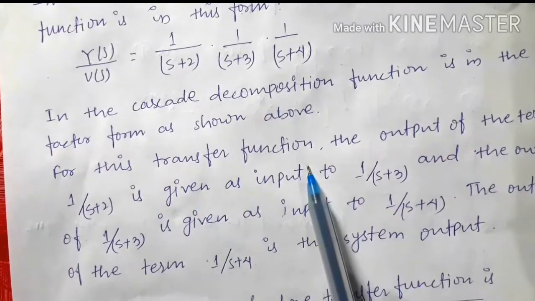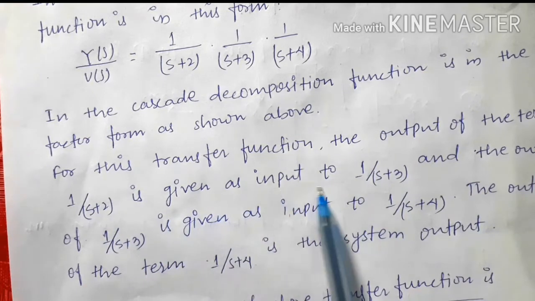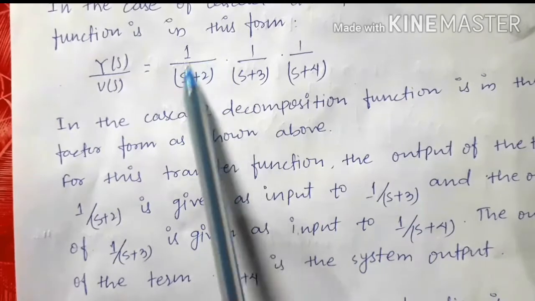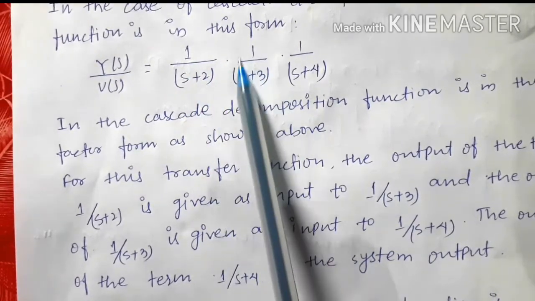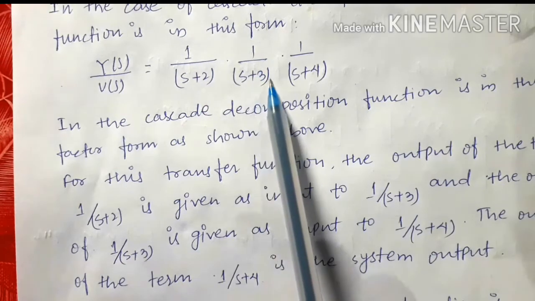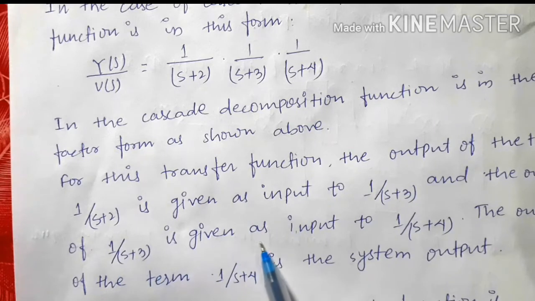For this transfer function, the output of the term 1/(s+2) is given as input to 1/(s+3). Means this term is input for this term. 1/(s+2) is input for the 1/(s+3). Okay, and the output of the 1/(s+3) is given as input to the 1/(s+4).